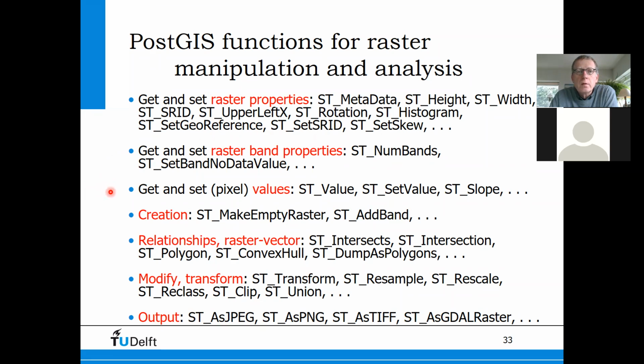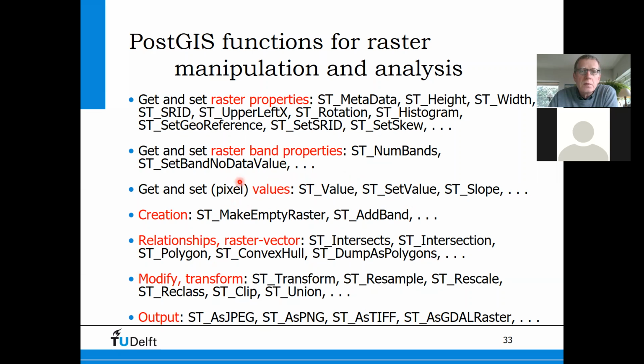Okay, some more real data functions are getting and setting pixel values. So you can get either an individual pixel value, a cell value, or you can get a whole set of cells, usually a subrectangle of the whole domain. You can even change the value, which is strange.